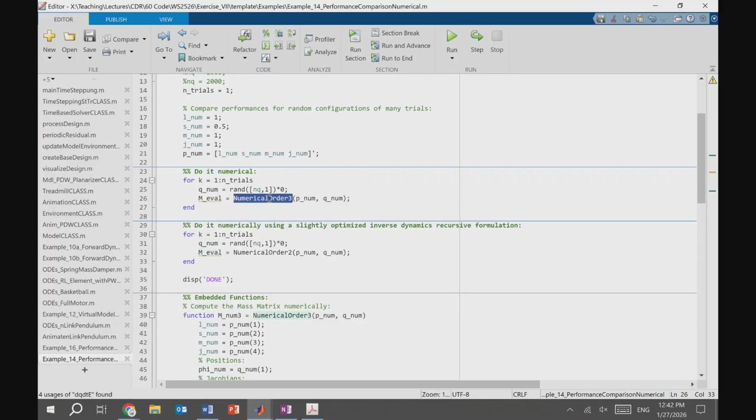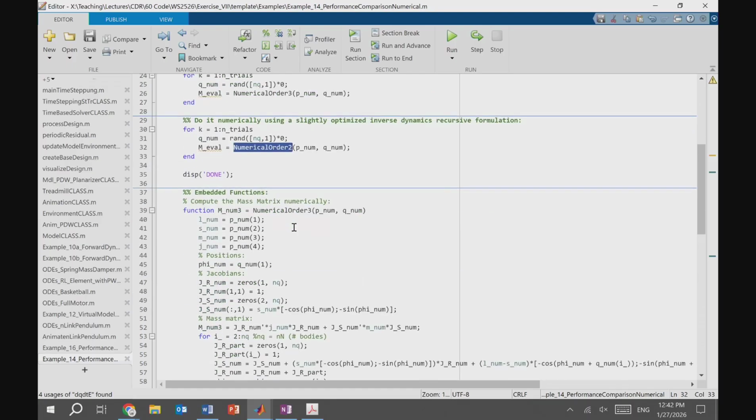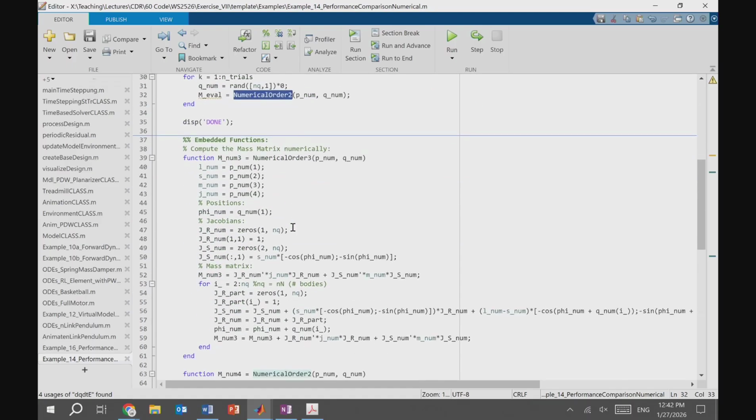And there's the numerical order 3 algorithm, and there's the numerical order 2 algorithm. And the reason why I put them into embedded functions is so I can better compare the execution time of these algorithms. Let's start with the numerical order 3 one, where I extract my parameters.